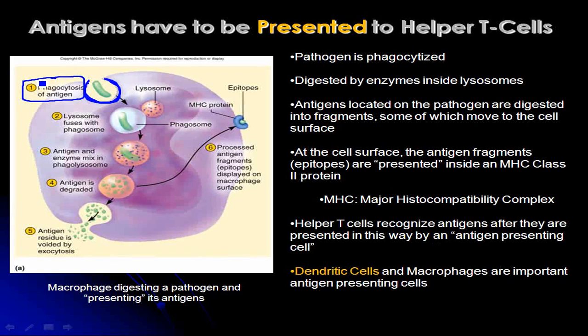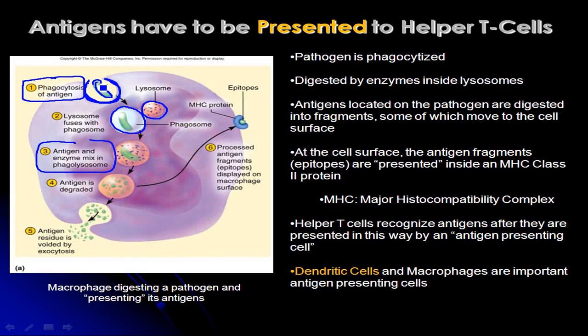And as we've talked about before, something gets phagocytosed, it's brought inside the cell, lysozyme fuses with it and digests whatever has been ingested. So that includes the antigens that were located on the surface of that organism.